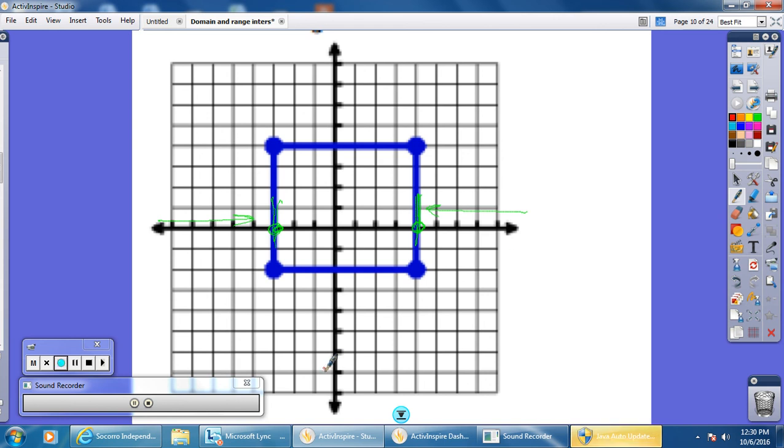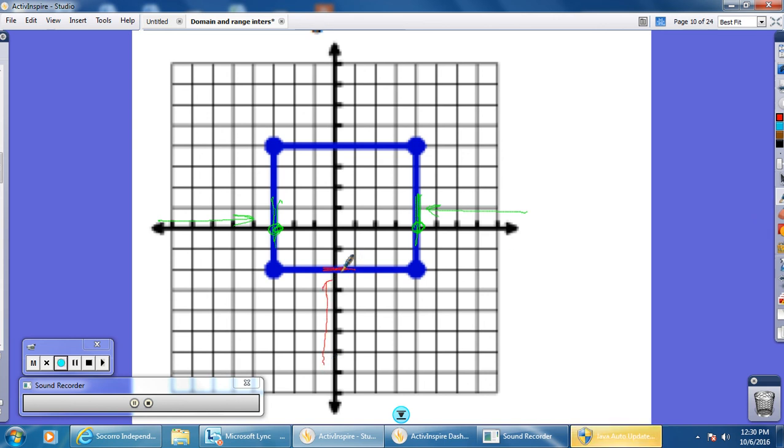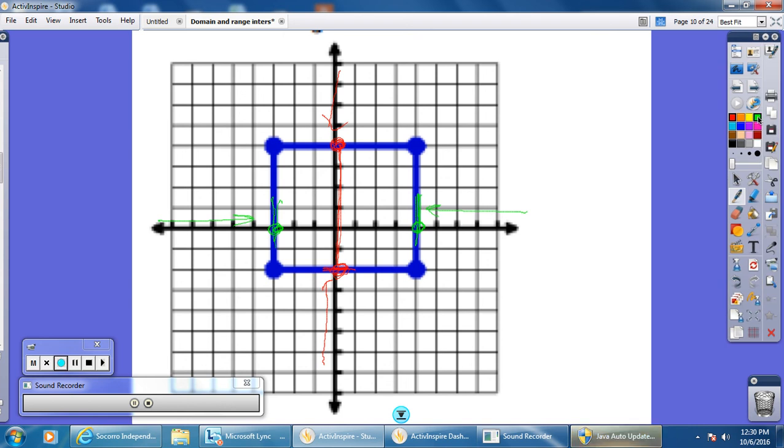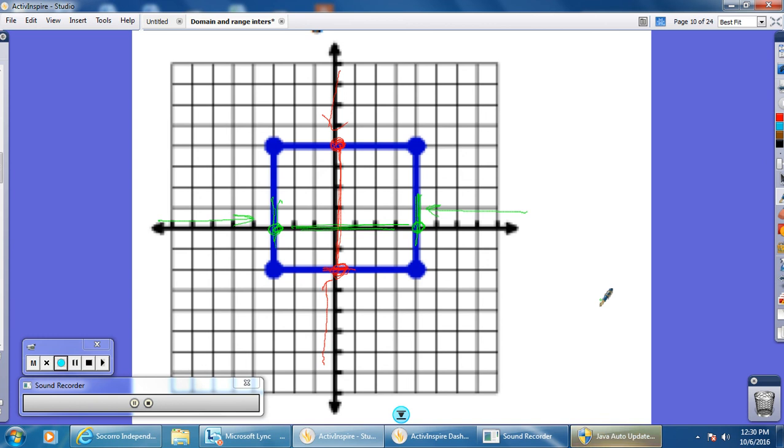Range, you're going to come in from the bottom, right here, solid, and then the top, solid. Domain values, range values, and I want you, again, to type in your domain and range.